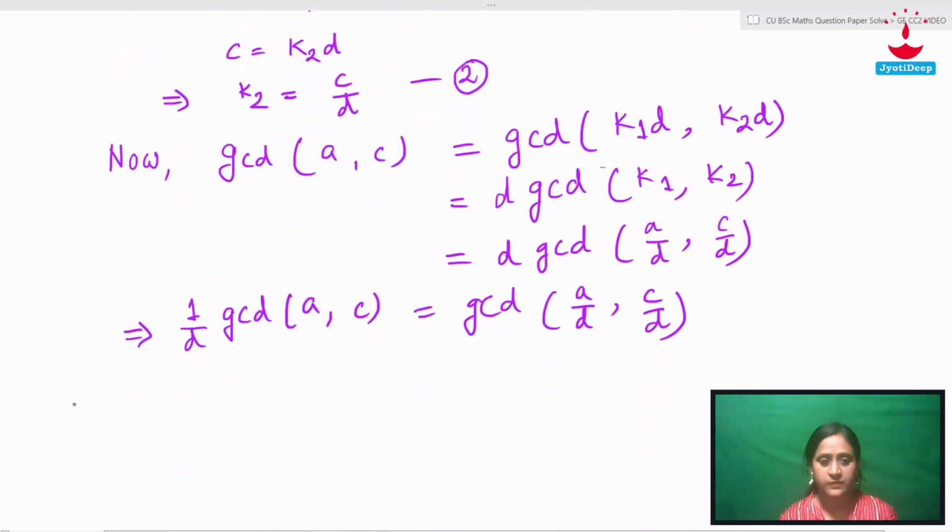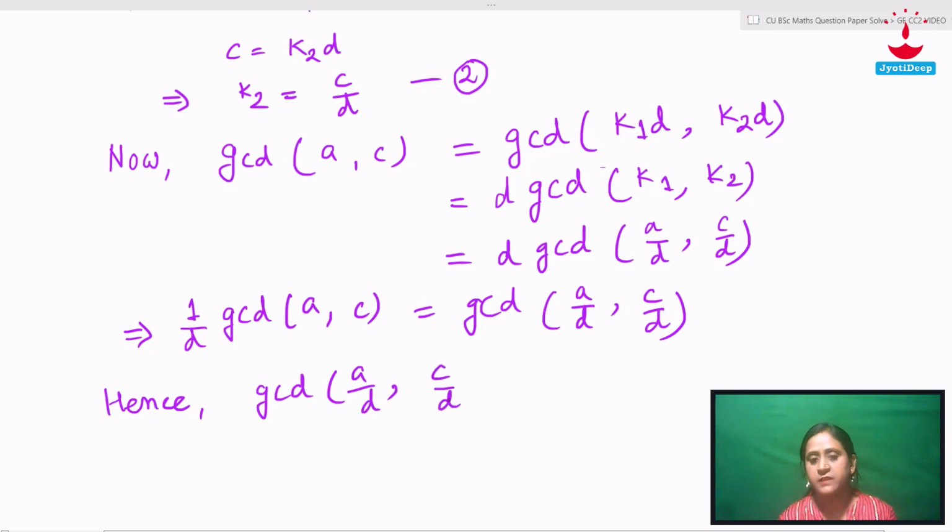Okay, hence GCD of A by D comma C by D is equals to 1 upon D into GCD of A, C. Proved.